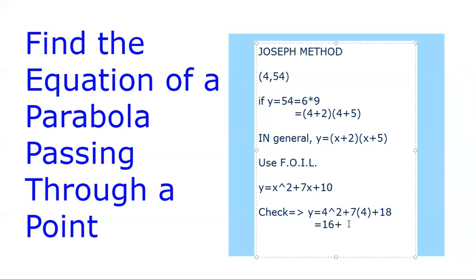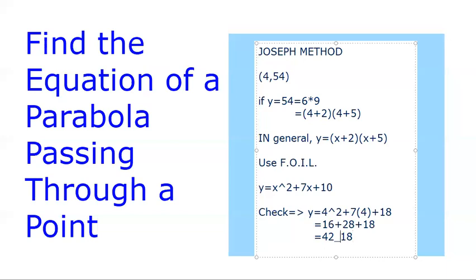So it's plus 28 plus 18. Now 16 plus 28 is going to be 42. And then 42 plus 18, that is not right.